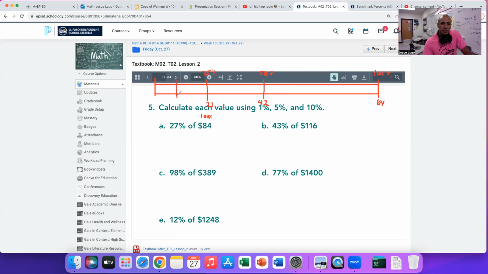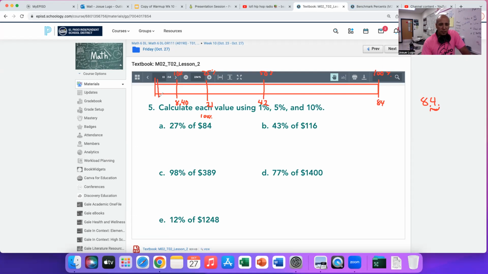Our 10% we'll always find by taking our 100%, which is 84, or 84.0, and moving the decimal one time. So that's going to be $8.40.